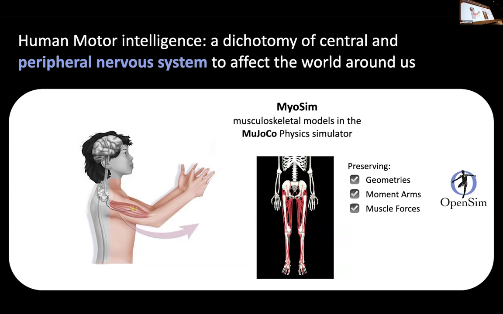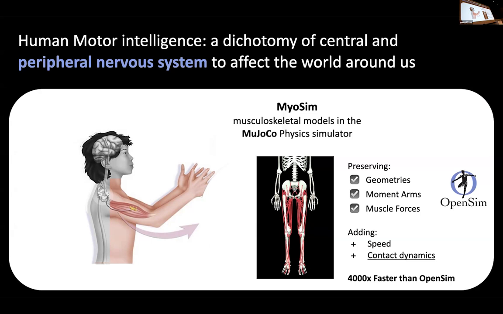So in addition to having all the characteristics of the same biomechanical models developed in OpenSim, now we get speed. In early simulation, still on CPU, we show that those models can be up to 4,000 times faster than OpenSim.